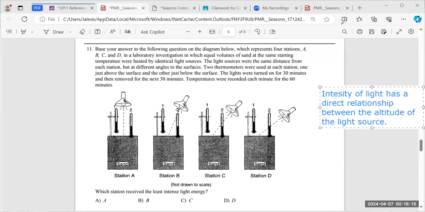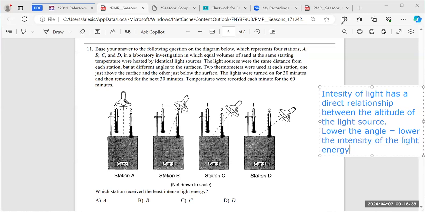The lower the angle, the lower the intensity of light energy. The lower the angle of the light source is equal to the lower the intensity of the light energy.